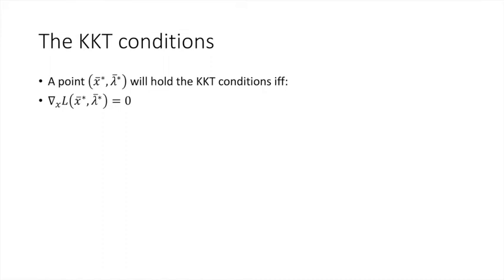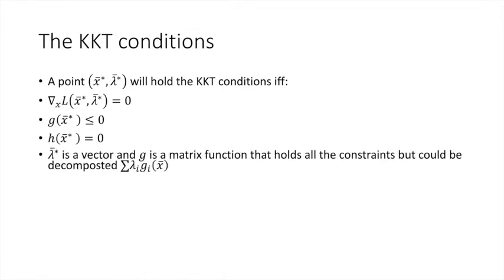The KKT conditions. So a point x star, lambda star will hold the KKT conditions if and only if the gradient in relation to x of the Lagrangian is equal to 0 at the point. For every inequality constraint, g at x star is smaller or equal to 0, every equality constraint h at point x star is equal to 0.